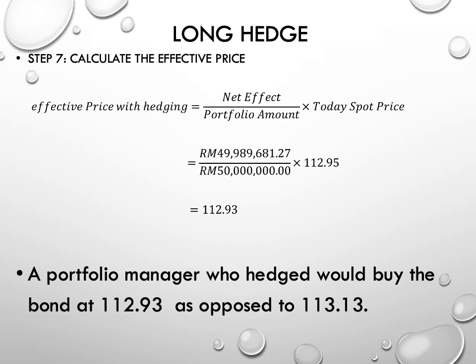So if you compare with hedging, the investor can buy bond at a lower price, which is 112.93, compared to the price of bond without hedging, which is 113.13. So in the market, when you plan to buy asset, you want to buy it at a lower price.